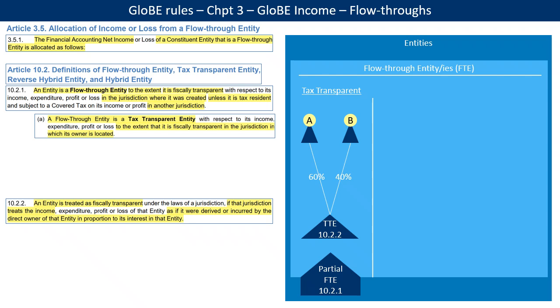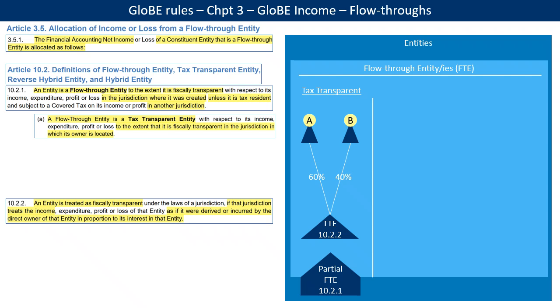If we look at Mr. A and Mr. B holding 60 and 40% of the tax transparent entity, the TTE under Article 10.2.2, then clearly if the TTE earns 100, 60 of that will be taxed in the hands of Mr. A and 40 of that will be taxed in the hands of Mr. B, if this is a fiscally transparent entity or tax transparent entity, as we talk about under Article 10.2.2.